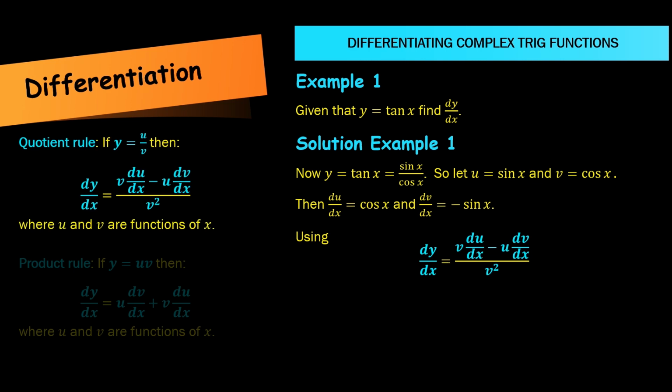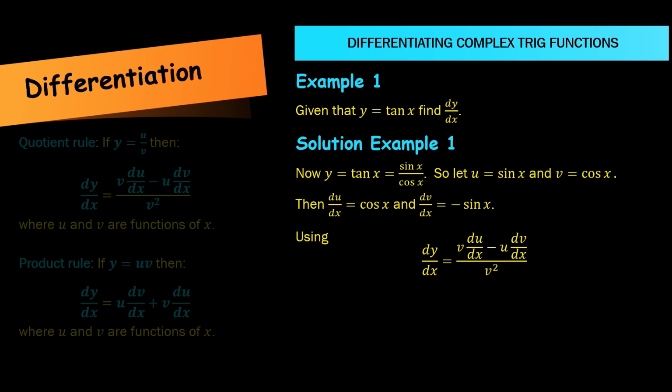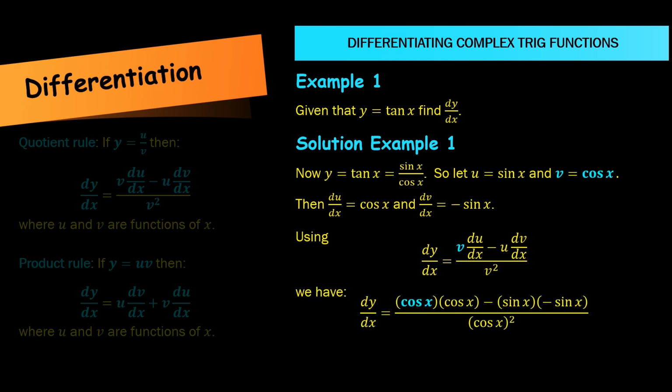We can now use the quotient rule and plug in the terms. So dy dx equals v, which is cos x, times du dx, which is cos x, minus u, which is sin x, times dv dx, which is minus sin x, all over v squared, which is cos x squared.